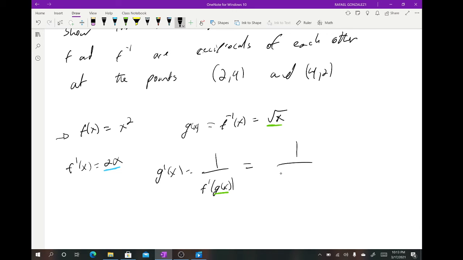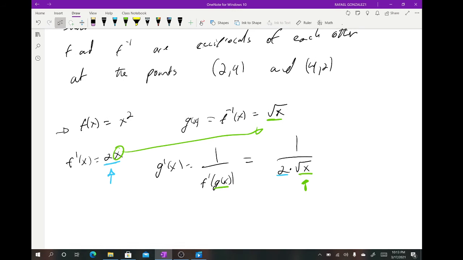So what we get is 1 over 2 times square root of x, where the 2 is coming from this function, and the radical x is being substituted into this x from here. Okay, so that's what the derivative is. And now if we evaluate that derivative at the point x equals 2, right up here, we get that g prime of x is equal to 1 over 2 times the square root of 2.